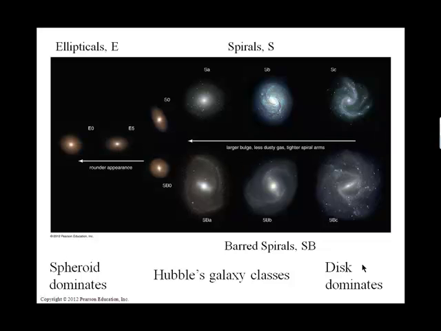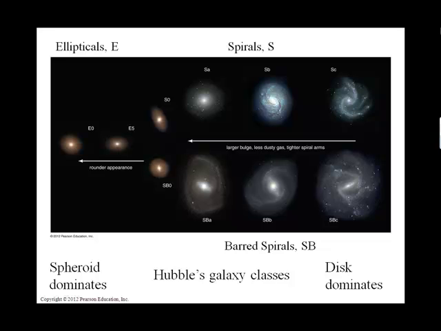And this last thing I kind of revealed on the slide says that from right back to left again, and notice that spirals and barred spirals have a subcategorization of little c, little b, and little a. So from right back to left again, I don't know if you can tell, but the arms become more and more tightly wound as you go from C to B and B to A. And if we could look at them edge on, what we would see is that bulge in the center where the supermassive black hole is, that as the arms become more tightly wound, like A, then the bulge would actually get larger.